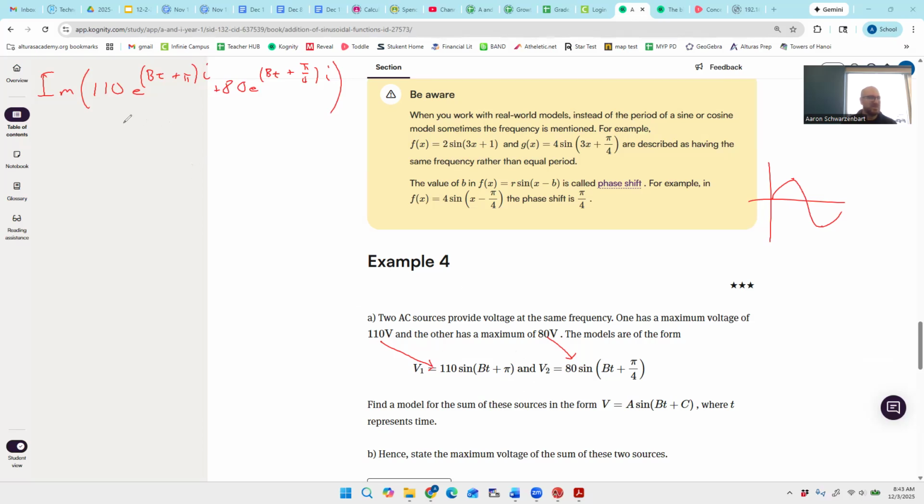This makes sense so far? I'll distribute my i's. I'll split that. I don't want parentheses here.